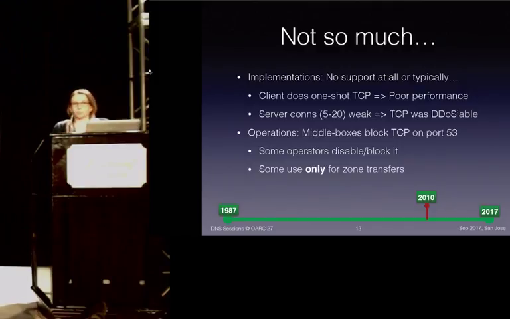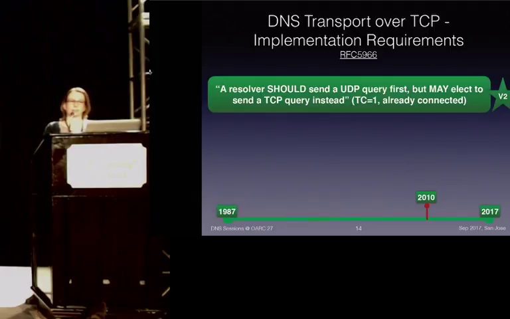In the operations world, there were a ton of middle boxes, and there are still today, that just block TCP on port 53. Some operators were disabling it, some were blocking it, some were strictly using it for zone transfers. There was a whole range of behaviors out there. So this led to a draft that needed to revise the statements about where TCP stood in the DNS world and to clarify it. So this was a document that described implementation requirements, and it became RFC 5966 and was published in 2010.